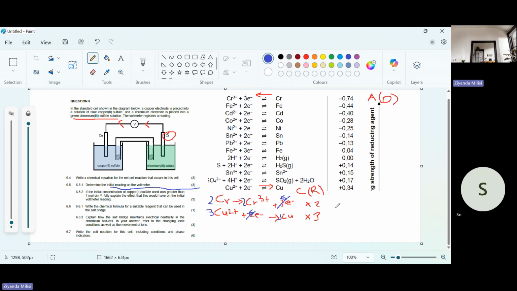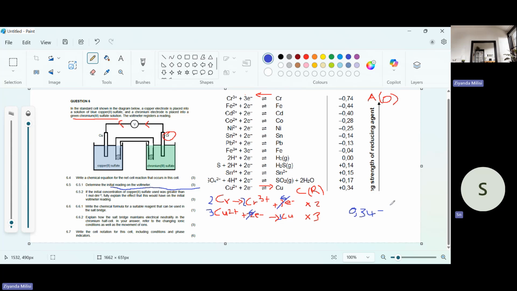Okay, so you see where you made a mistake. Correct it, you will fix it yourself. Fix it. Don't forget to write the minus that comes with the equation because it's going to be 0,34 minus minus 0,74. Remember, when you write the equation, you get only 1 mark out of 3.